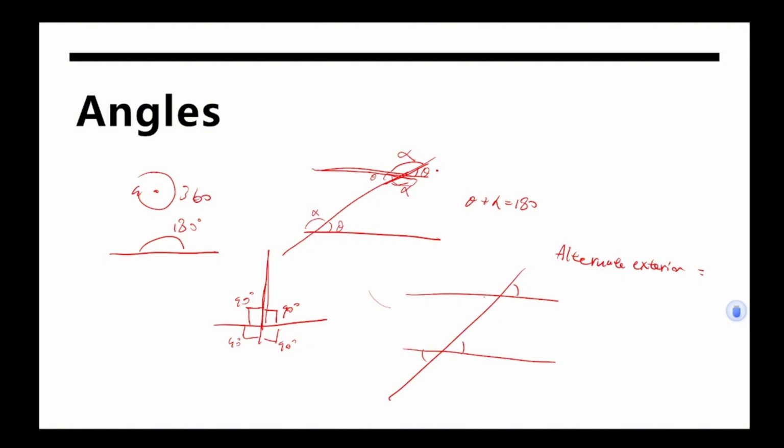These two angles, let's say 1 and 2, one is alternate exterior and 2 is alternate interior, and they are also equal. And 3, vertical, they are also equal.